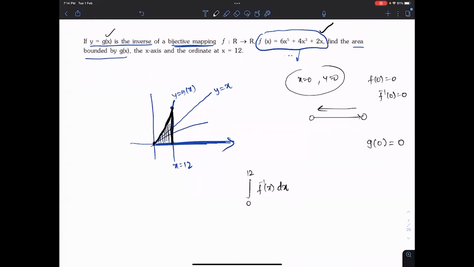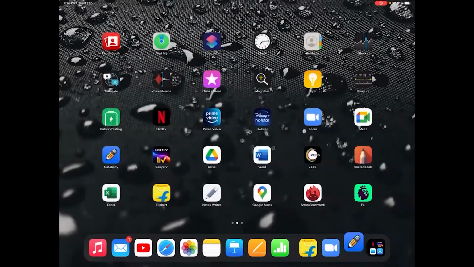Now, how to find this integral, guys? We know what f of x is, but we need to find the integral from 0 to 12 of f inverse x. Anyone? What do we have to do?